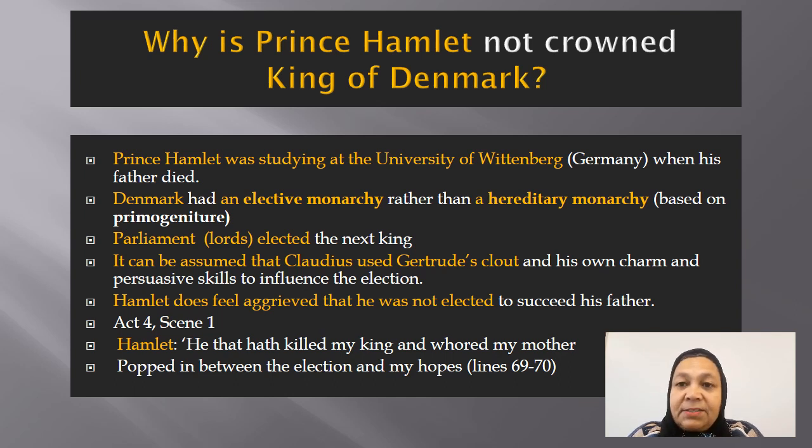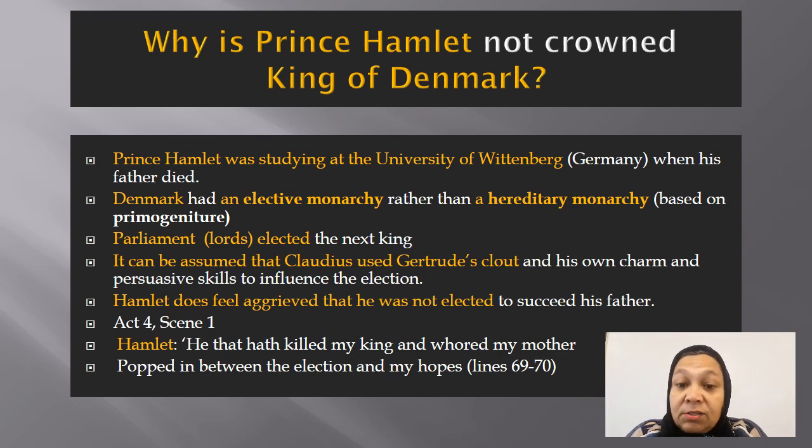Now, a hereditary monarchy is based on primogeniture. That big word basically refers to the fact of the firstborn son. So normally, or we assume, the firstborn son of a king will succeed his father.